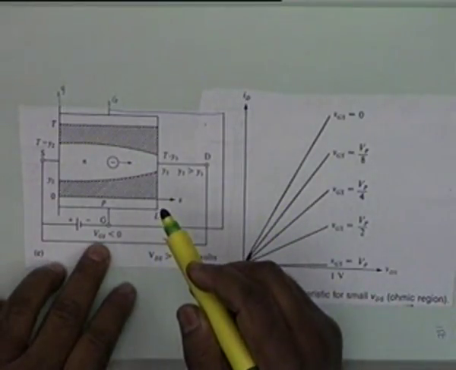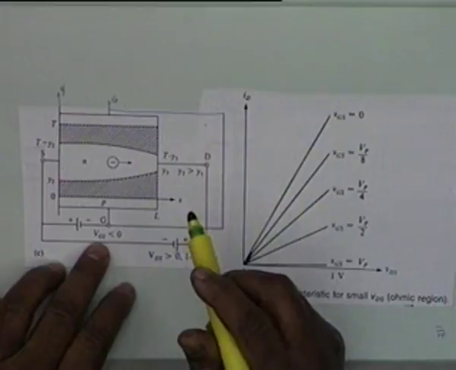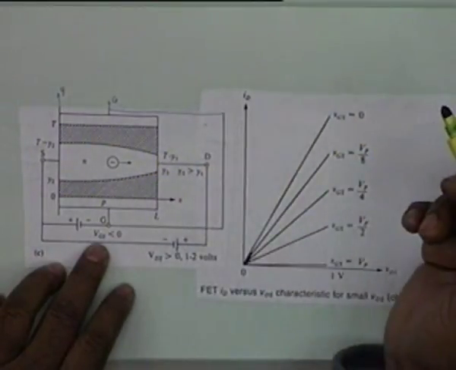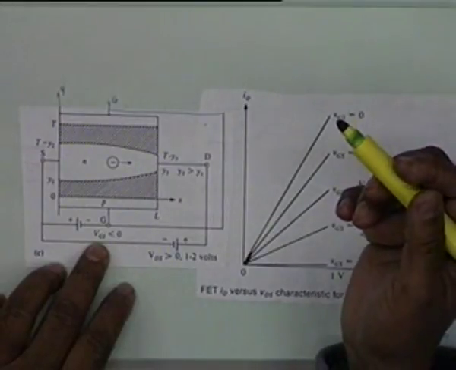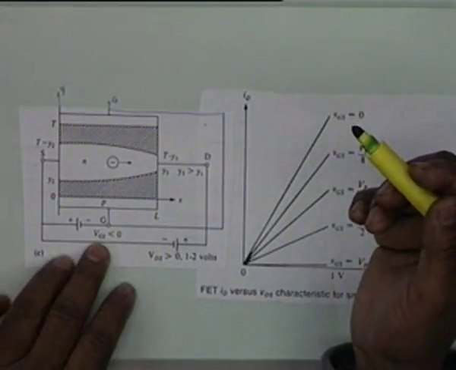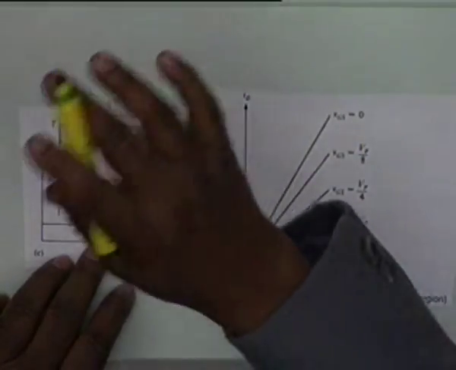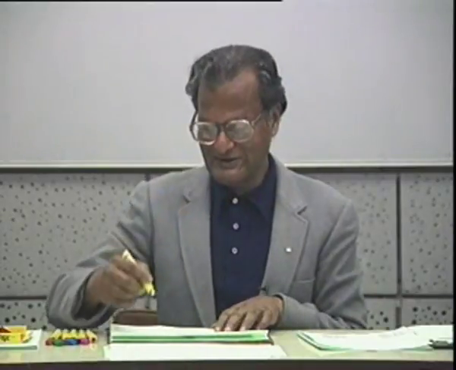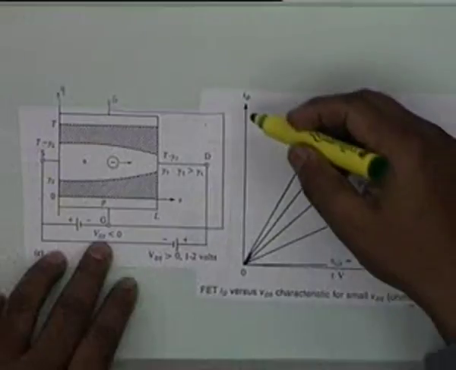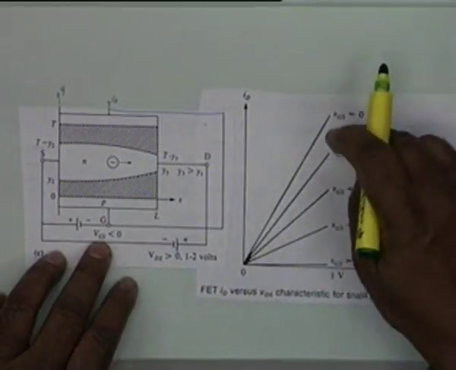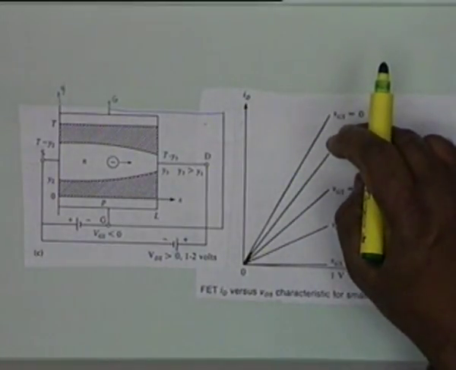Suppose VGS is increased, the reverse bias is increased. If the reverse bias is increased, this is reverse bias. Let's go back to the VGS equal to 0. When VGS equal to 0, ID versus VDS will be linear because it was an ohmic material.